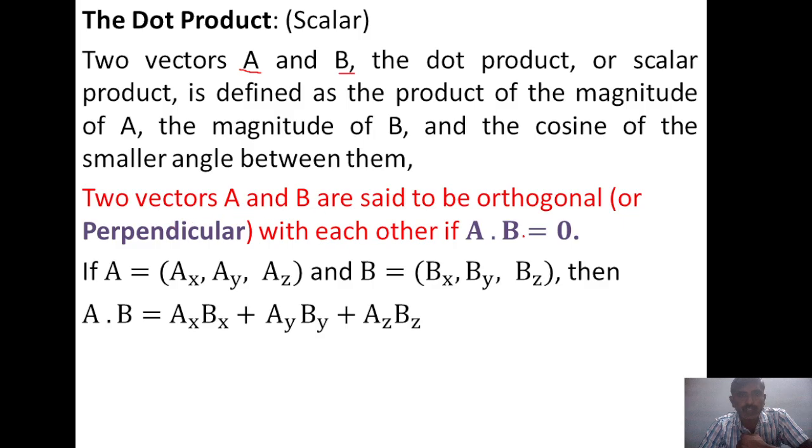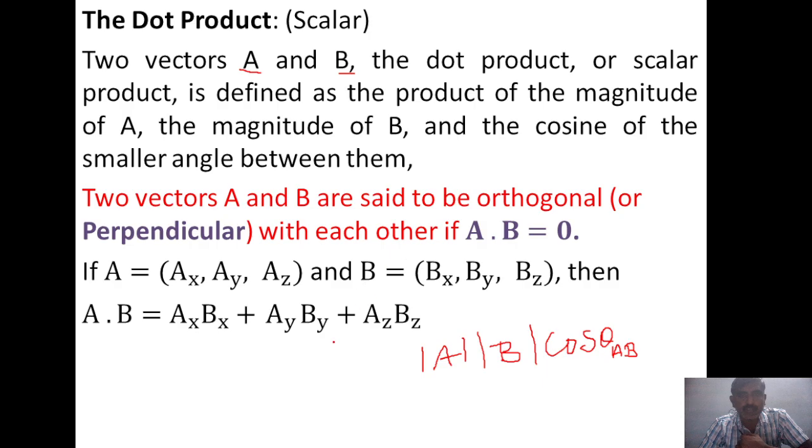So two vectors are said to be orthogonal, that is, if the two vectors are perpendicular, then we can say A dot B is equal to 0. So according to our definition, what do we define? The product of the magnitude of A vector and B vector and the cosine of the angle between the two, so cos theta. What is the angle between A and B? We may denote it as theta AB.